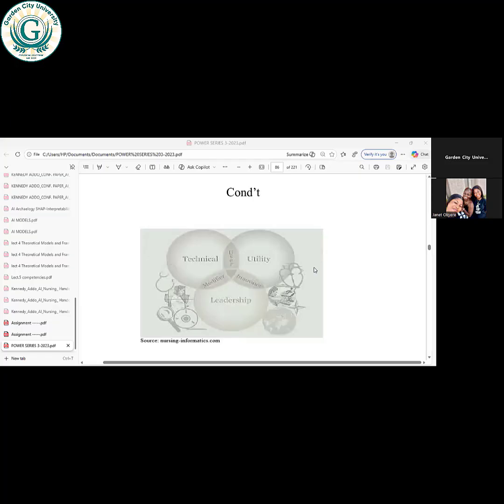Carry on. Move forward. We also got to know that we have computer hardware and then we have the software. The hardware are the ones that we can touch.